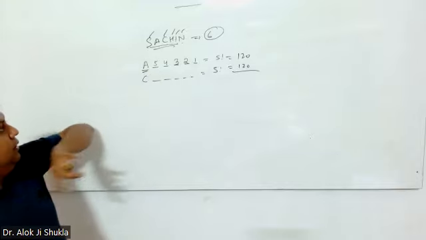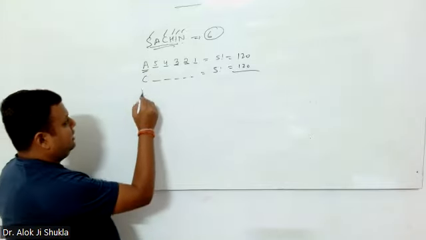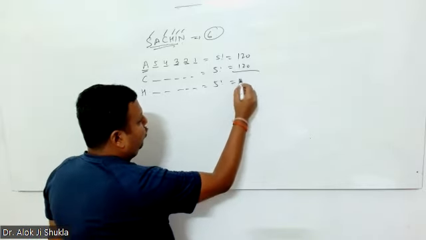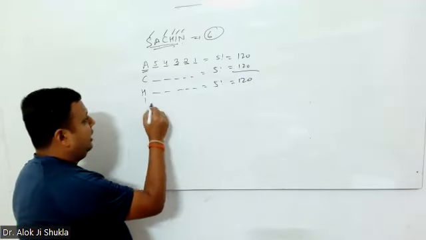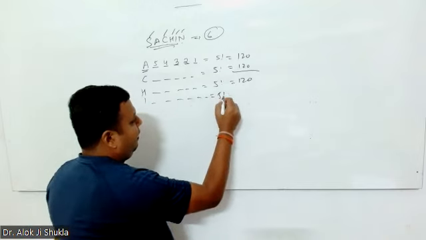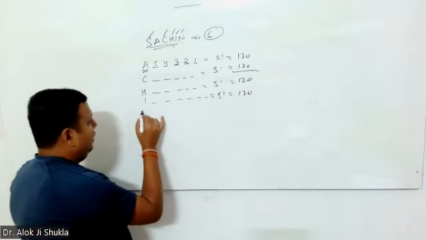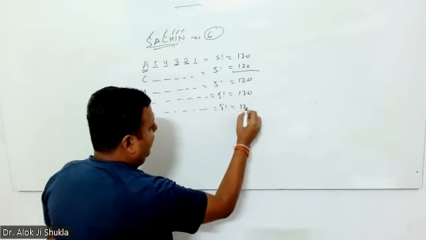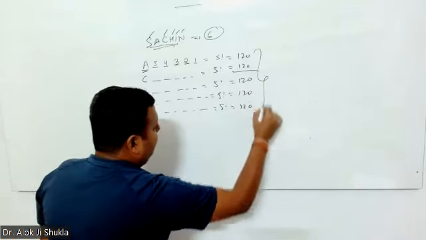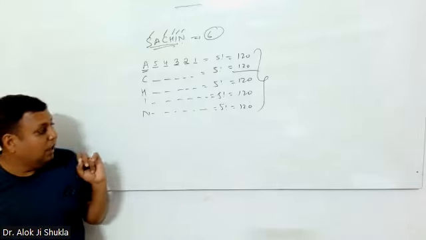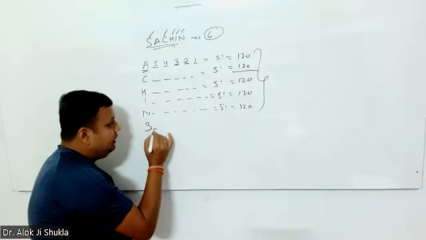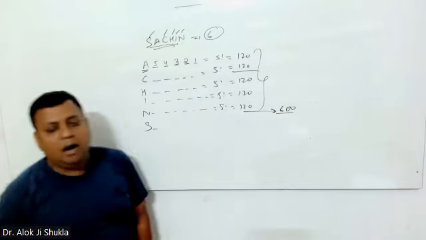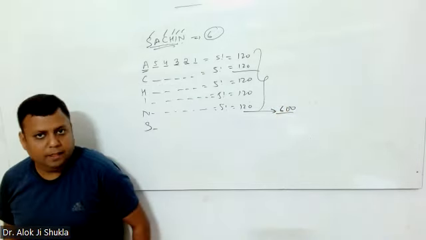Then we will start words with H, another 5 factorial, another 120, then I, another 120. Then N, another 5 factorial. So the first letter S will start after 600 words.